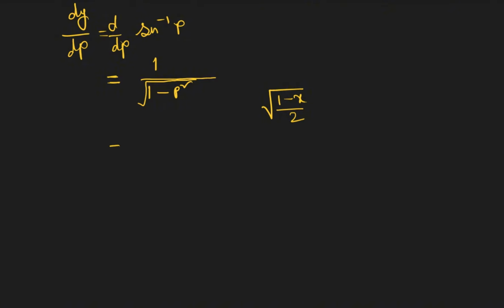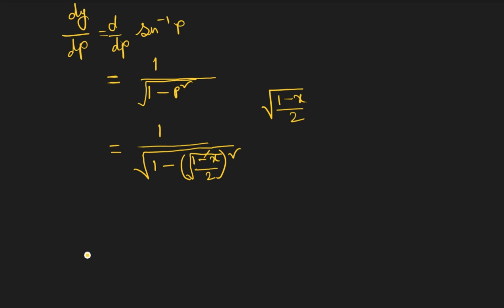What we can write down is 1 over square root of 1 minus, let's plug in the value here. The value of p is actually square root of 1 minus x over 2, whole square, because p is squared here.